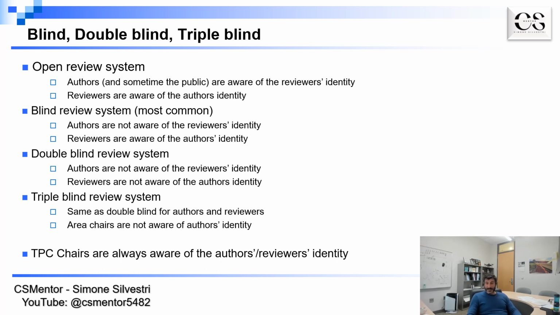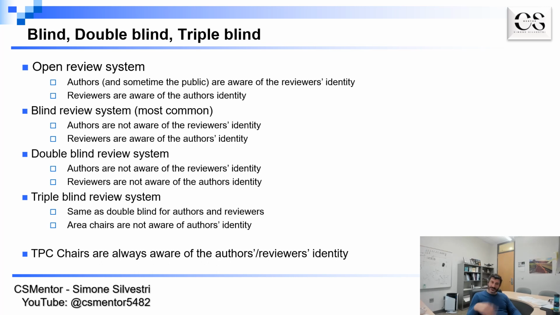Then there is a double-blind review system, which is also relatively common, in which the authors do not know the reviewers, but also the reviewers do not know the authors, to make sure they are not biased against or in favor of some authors. Then a few conferences have a triple-blind review system, in which authors do not know the reviewers, reviewers don't know the authors, but then the area chair also does not know the identity of the authors.